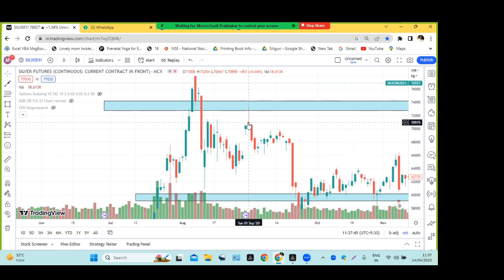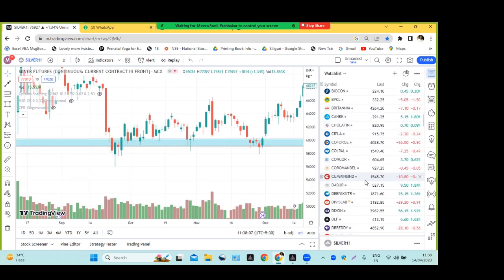Now forget about silver. Tell me any stock you want to tell. Name from F&O only, because I will not add a new one. I am comfortable. Any stock. You say any stock. Let's say TCS. TCS. Okay. Yeah, TCS is here. Let's see in TCS also.